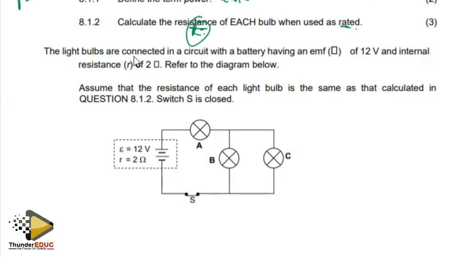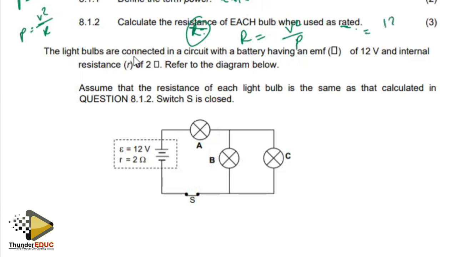If I have P is equal to IV, but I know that V is IR, let me make I the subject, which means it's V over R. So P is V squared over R, which means that my resistance is going to be V squared over the power.